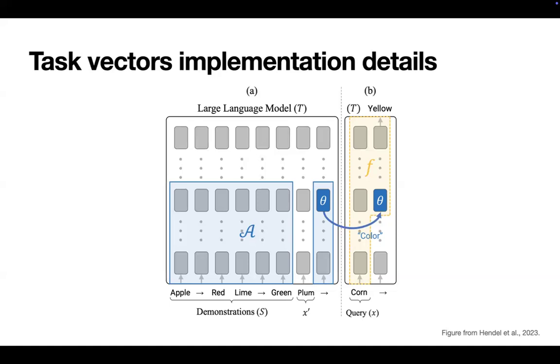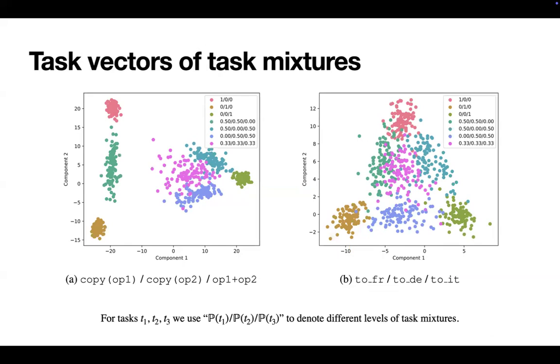Okay, so we consider two scenarios. The first scenario has 3 tasks: copy operand 1, copy operand 2, and operand 1 plus operand 2. We plot the task vectors of these individual tasks, so here the pink one, the yellow one and the green one.